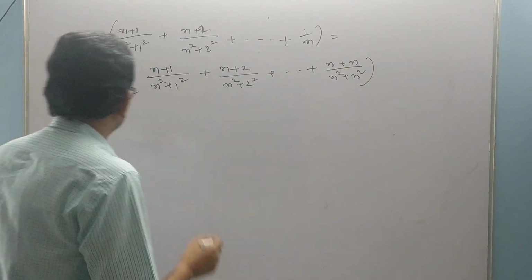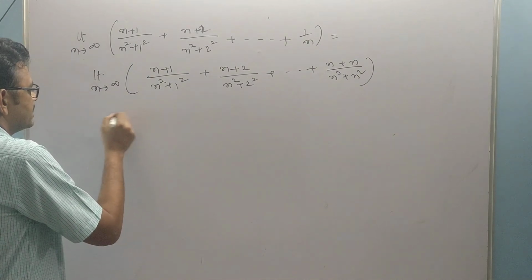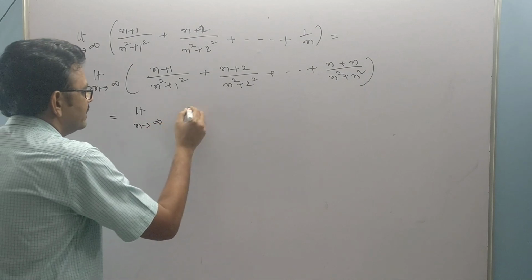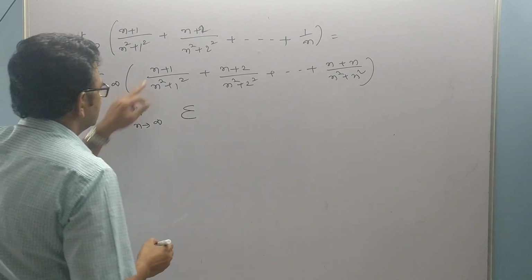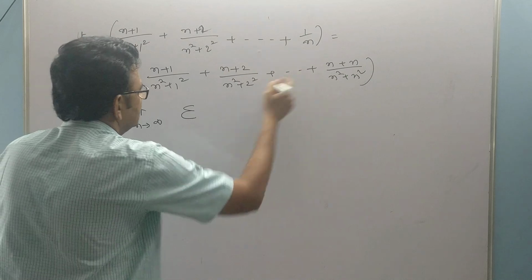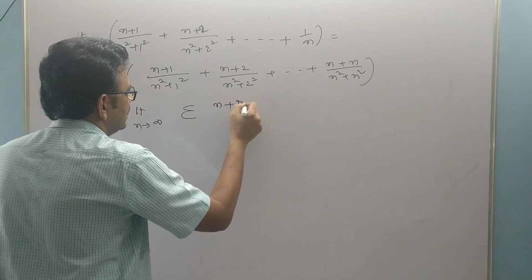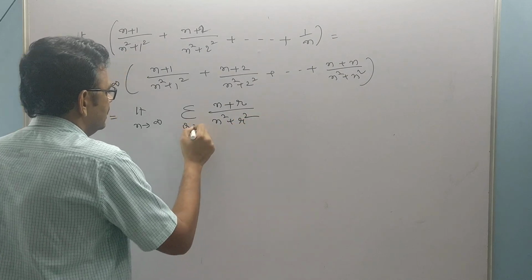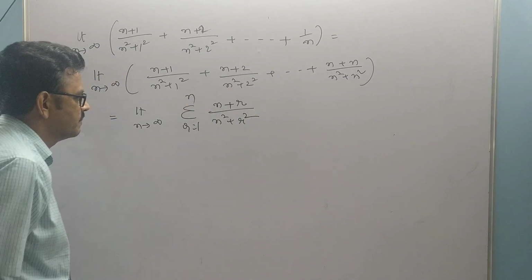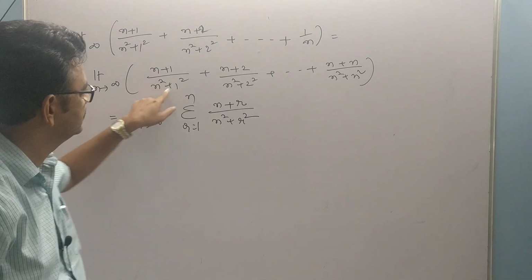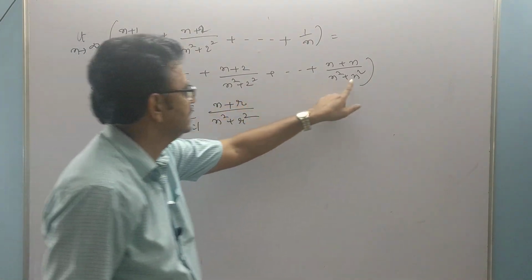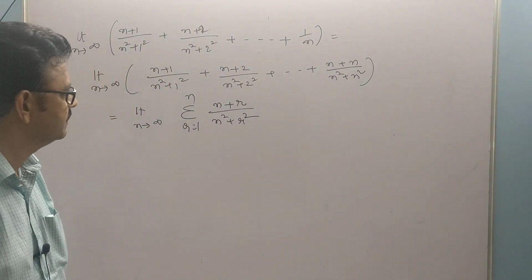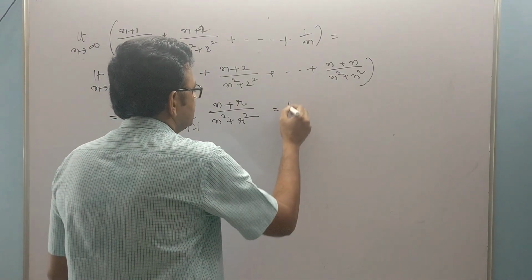Now express in terms of sigma notation. Limit of n tends to infinity, you write sigma, (n plus r) by (n square plus r square), where r equal to 1 to n. If r is 1 you get this term, if r is n you get the last term.